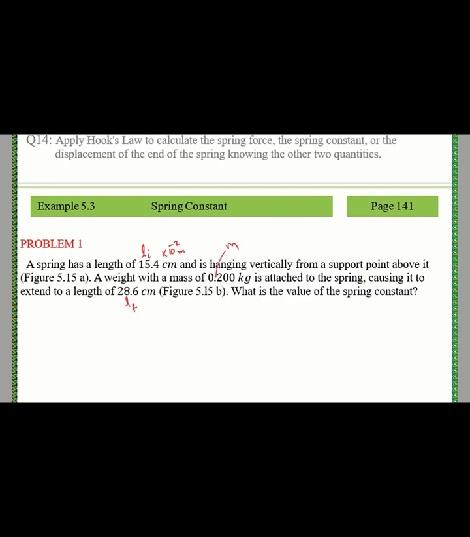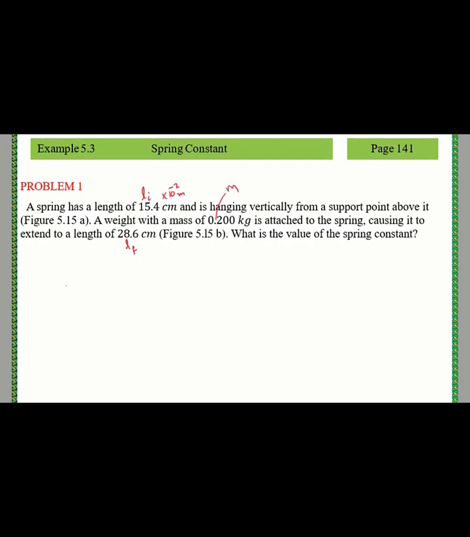First of all, find the extension, which is x: the final length minus the initial length. 28.6 minus 15.4 is 13.2. But don't forget it is in centimeters, so 13.2 times 10 to the minus 2 meters.